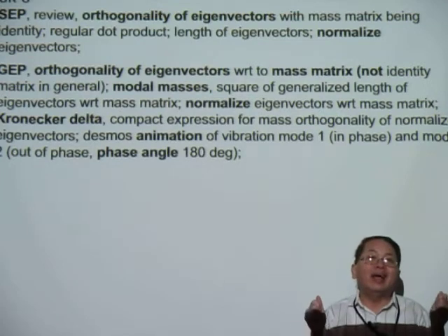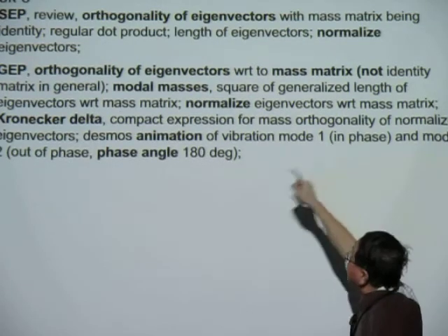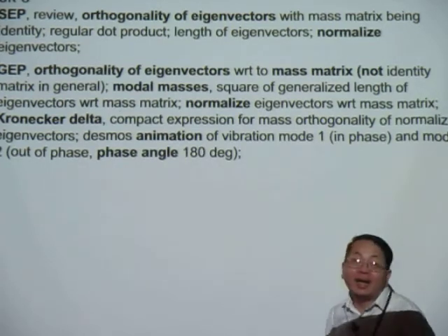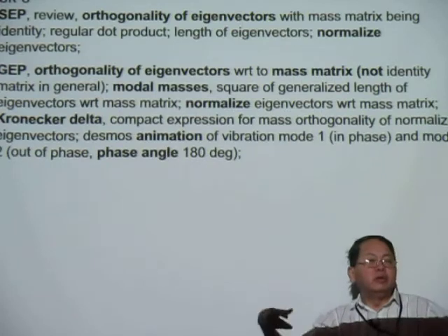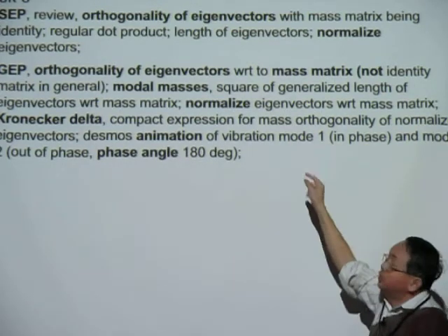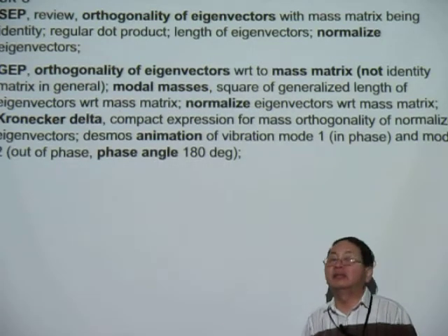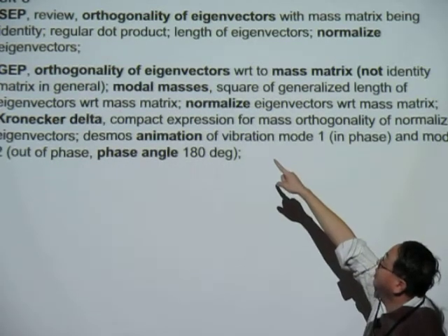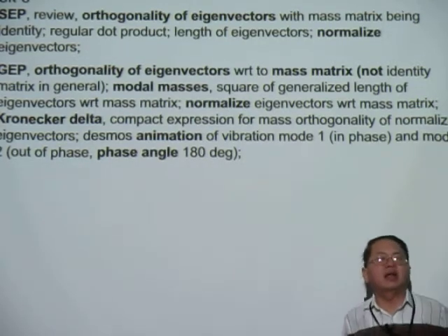But what is new is the generalized eigenvalue problem, where the orthogonality of the eigenvectors would be with respect to a non-identity mass matrix. Okay, so the mass matrix is in general not an identity matrix, and you can introduce new concepts like modal masses, and modal masses is a generalization of the square of the length of an eigenvector, right? Because when you do the dot product in the standard eigenvalue problem, you have the square of the length of an eigenvector.